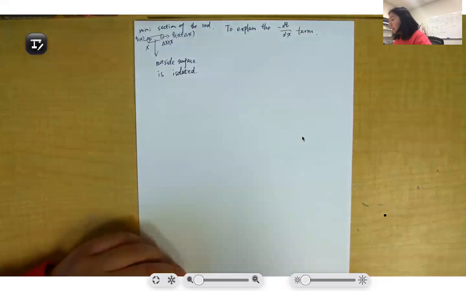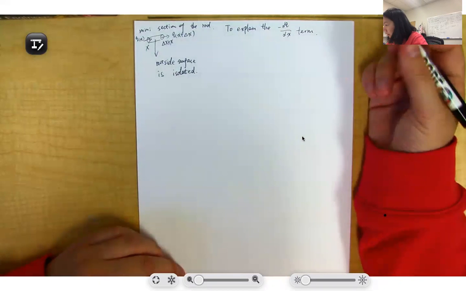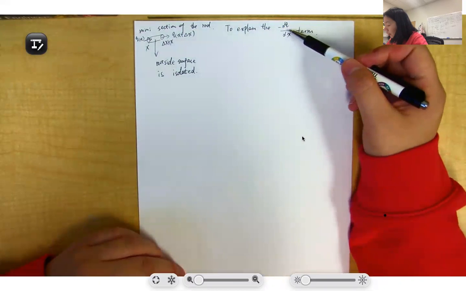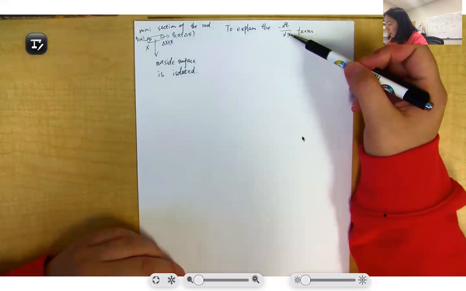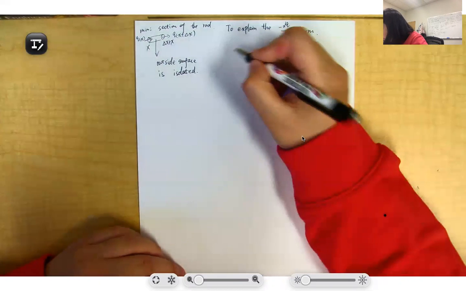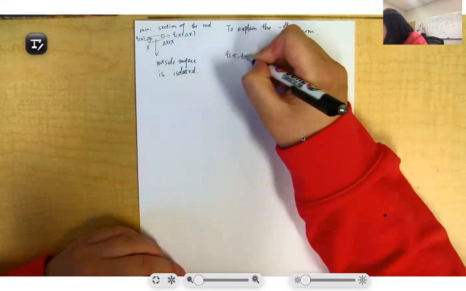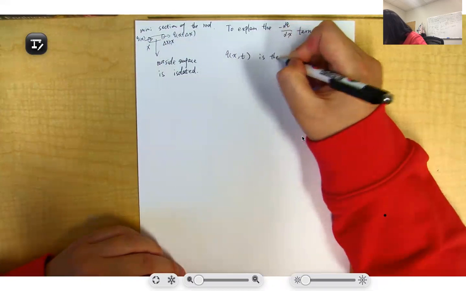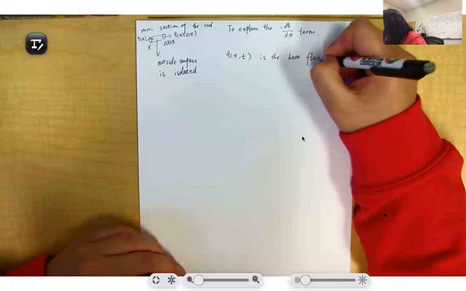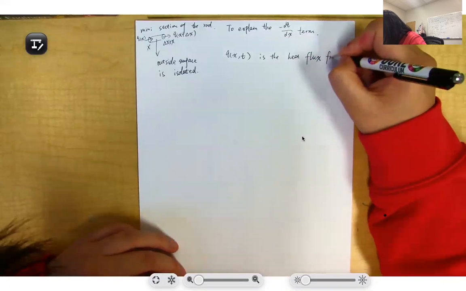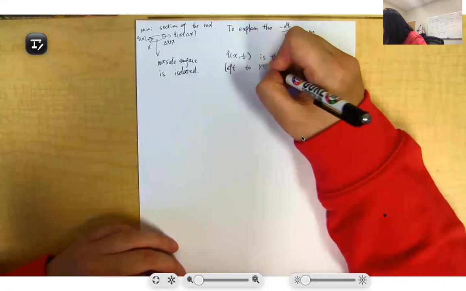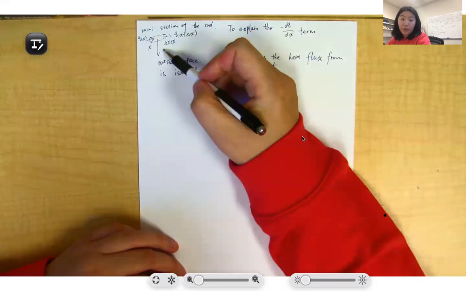Okay, then how we can derive our dq over partial dx. This qx t is the heat flux term, or you can say this is the heat energy flux term from left to right as we set up here.